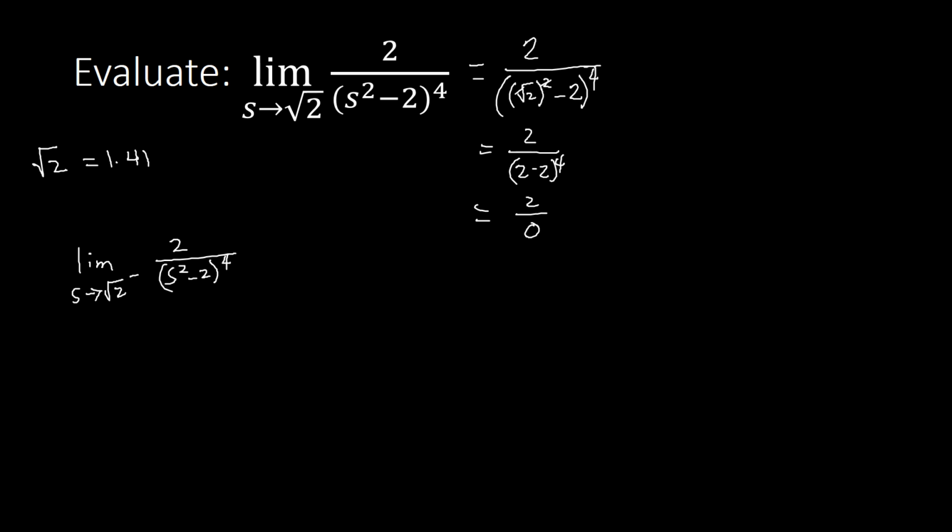So for this example here, we are going to look for a number which is closest to our square root of 2 coming from the left side. So since square root of 2 is 1.41, what is on the left side there is going to be a 0. So coming from the left side, we may have a 1.4 in here.